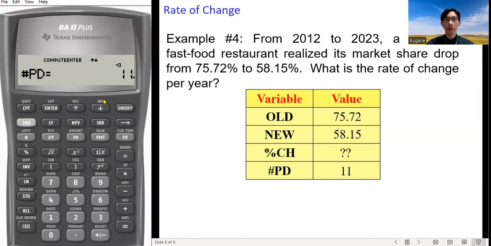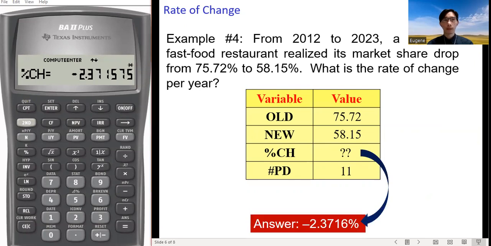Get back to the variable percent CH. And then press CPT to compute the answer. The answer is negative 2.3716%. This is the rate of change per year.